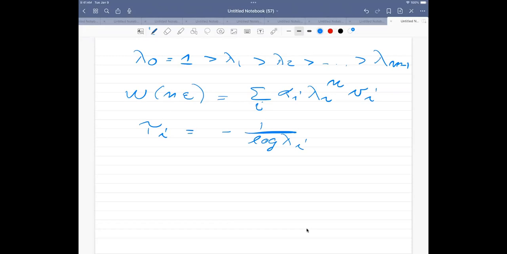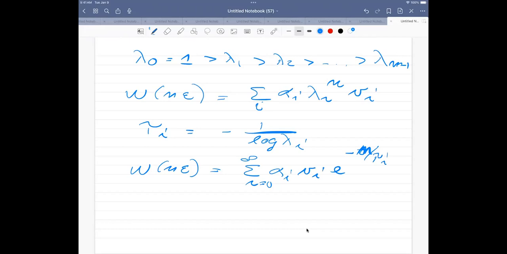So that means I can rewrite the quantity which I have here, which now becomes equal to a sum over i from 0 and in principle to infinity, multiplied with v of i, and then I have an e to the minus t divided by tau of i, like that.